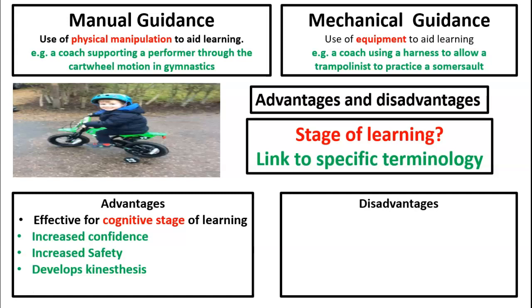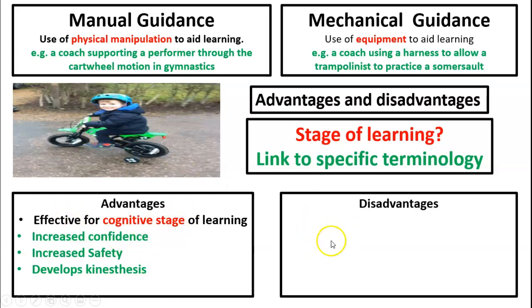Kinesthesis is an example of intrinsic feedback, or the feel of how an action is going to be performed. So, for example, you can see here they can get the pedal action because of this balance in them. They get the feel of pedaling and riding a bike. We have to translate that feel into kinesthesis, as a sense that we use and develop if we use mechanical or manual guidance.